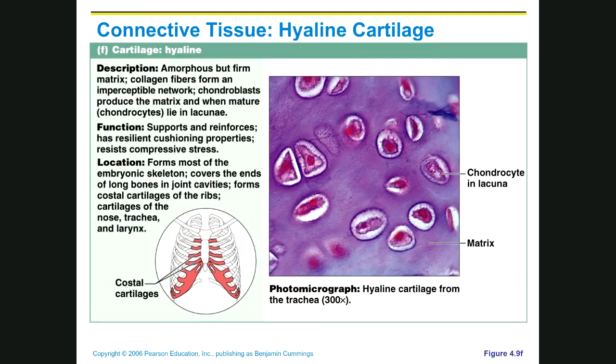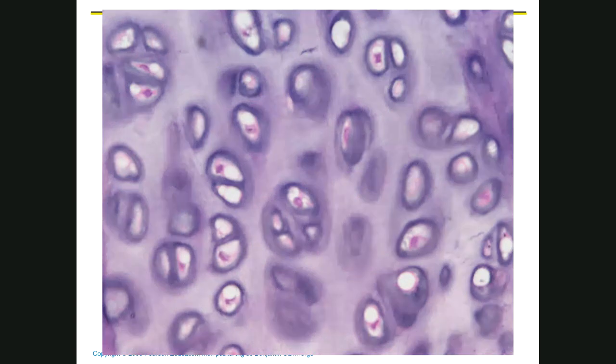And again, here's our box. So there's the picture. Here's our diagram, description, location, and function. And if we blow this up, it looks like this. I think this looks like Swiss cheese. So maybe that would help you remember. It looks a lot like Swiss cheese because it has holes in it.